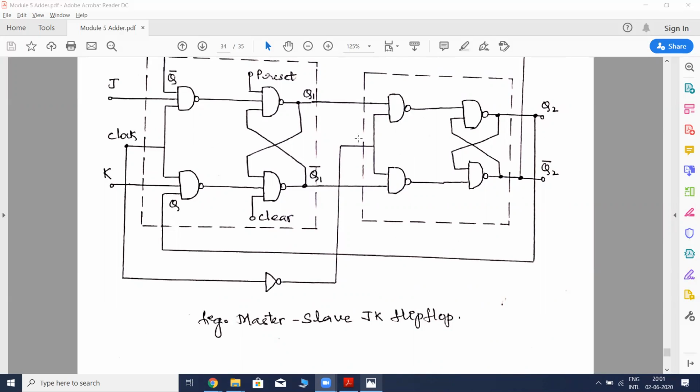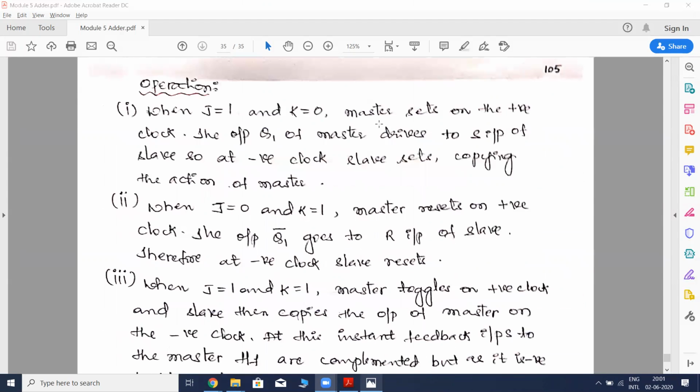So it is nothing but an S and R flip-flop, right? So it is the S input. The output of the master goes as the S input of the slave. Okay, so that is how it is given.